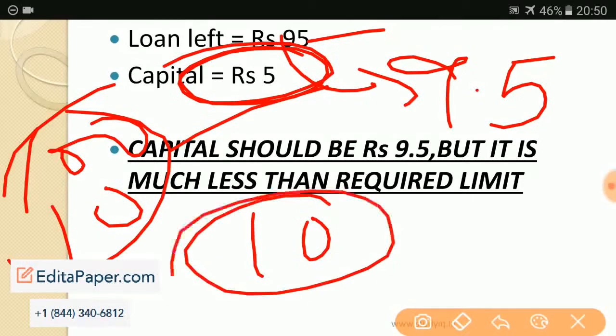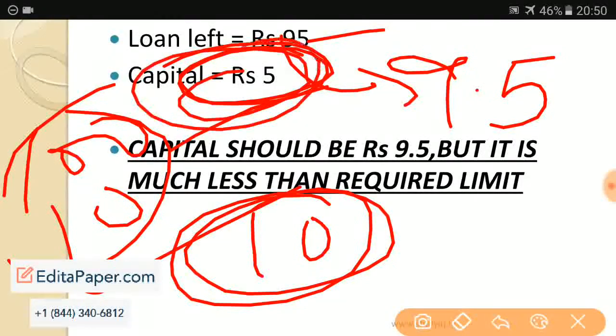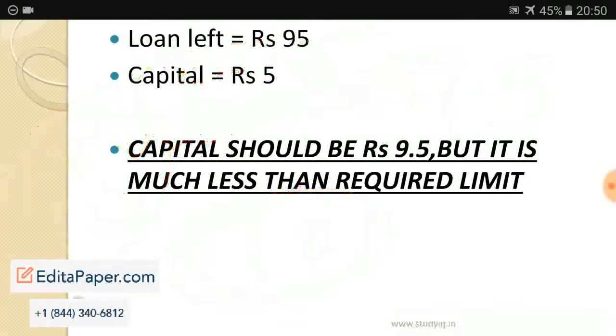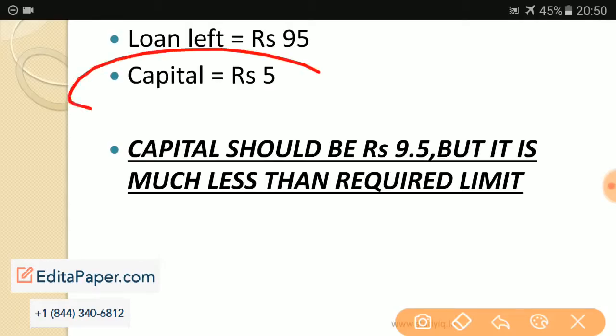There was no issue. But once there is an NPA, banks need to give money to the depositors from this capital base. And as a result of the NPA, the capital base of the bank got eroded. Because of this erosion, the deterioration of the capital base took place and the capital ratio is now being disturbed. Earlier it was 10%, but now it is much less than 10%, somewhere around 6%.